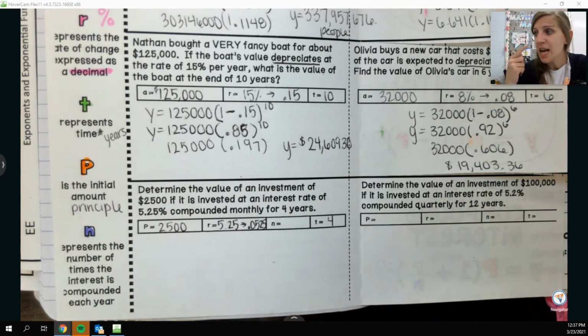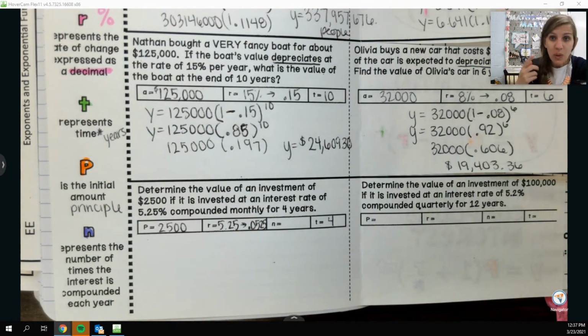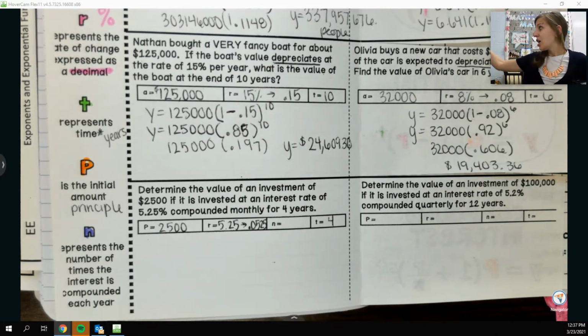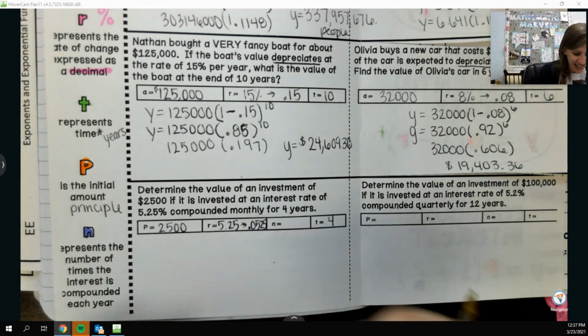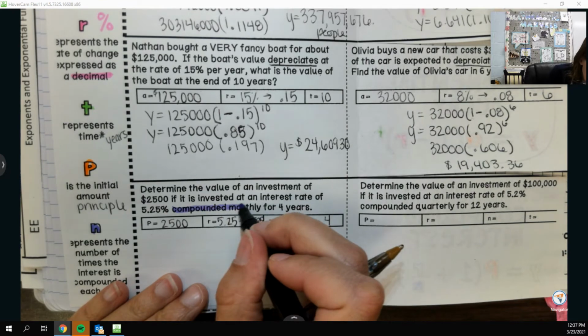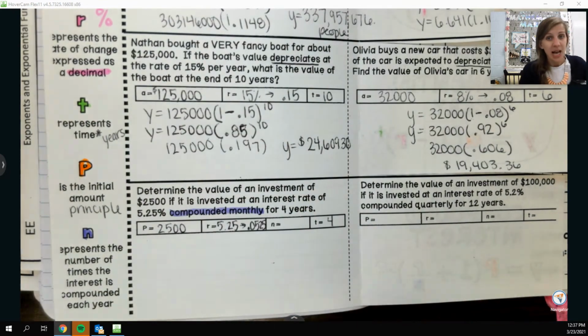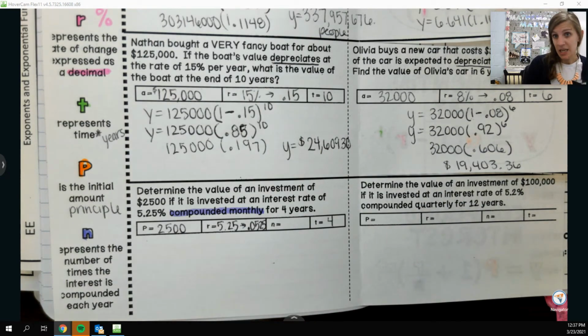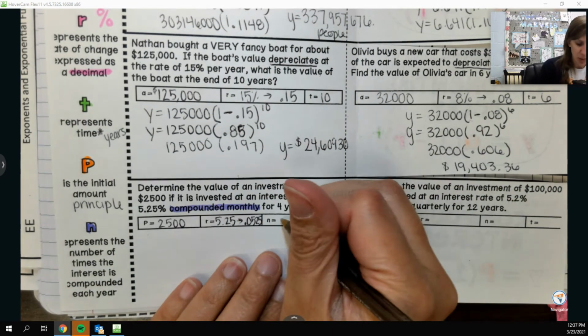And so that number of times compounded always comes right after the word compounded. So right here where it said the word compounded monthly, they are kind of hiding it from you, but monthly happens in a year 12 times because there are 12 months in a year.